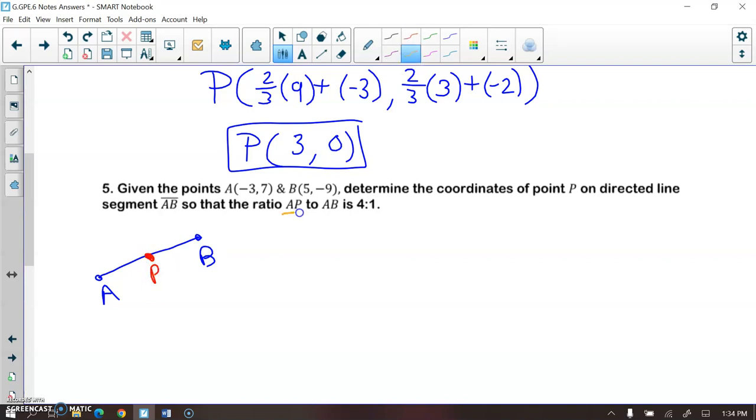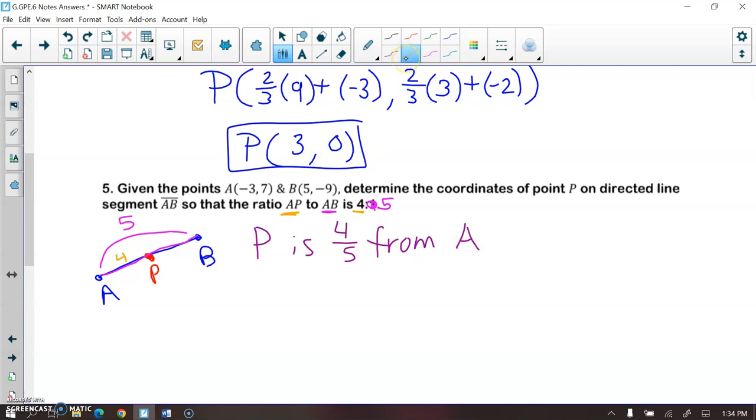Your ratio of AP, so we would label AP 4, to AB, which is the whole line segment, which is 5. So that means that P is 4/5. We just use that ratio from point A.